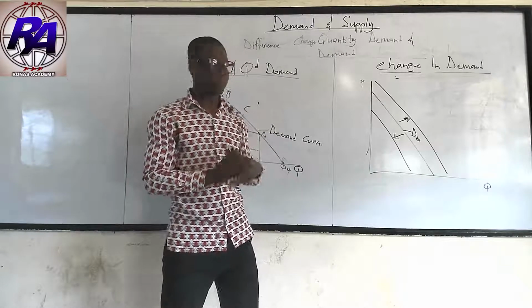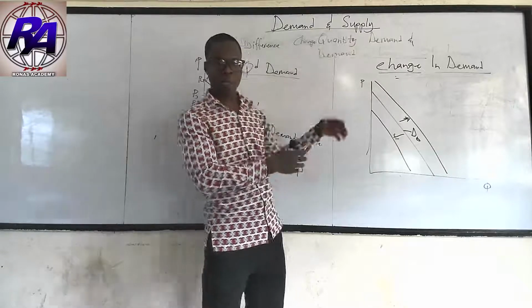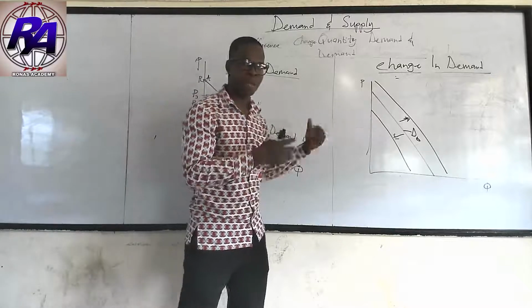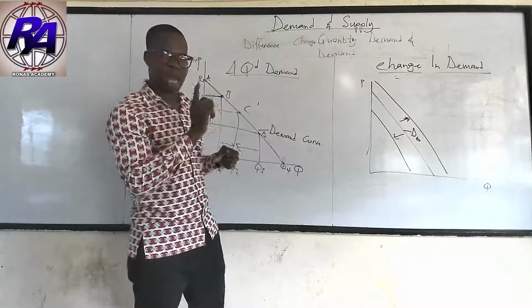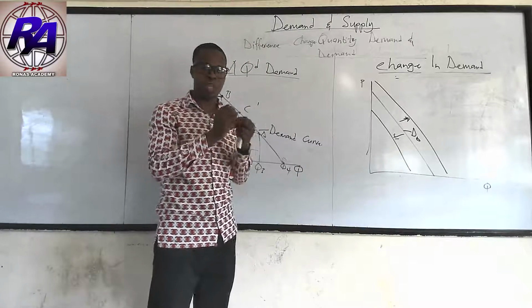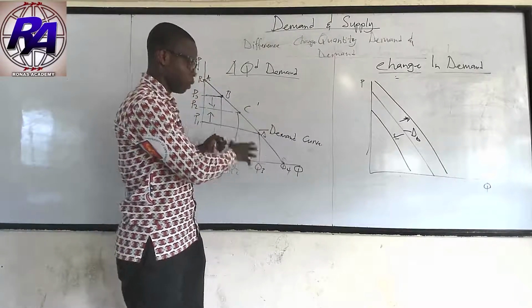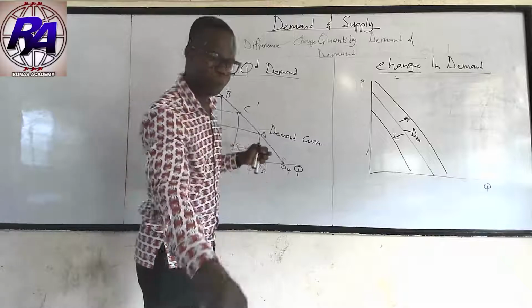In price. When it comes to supply, it's the same thing. When we look at change in quantity supply and change in supply, it's the same thing. But just remember that supply is having a positive relationship. Therefore, the supply curve will not be the same as the demand curve.